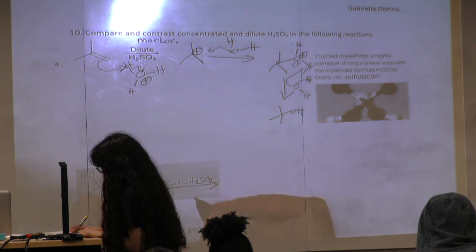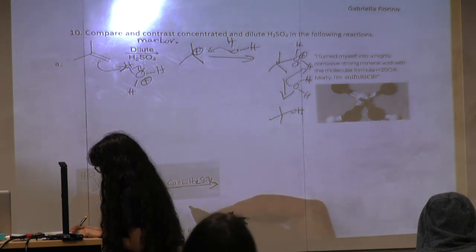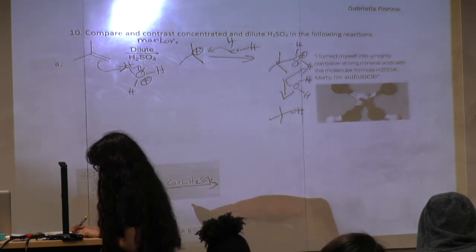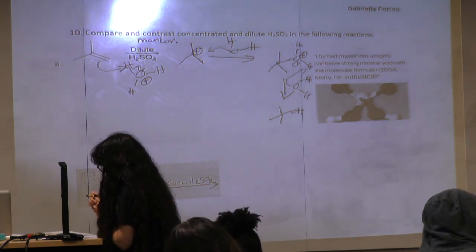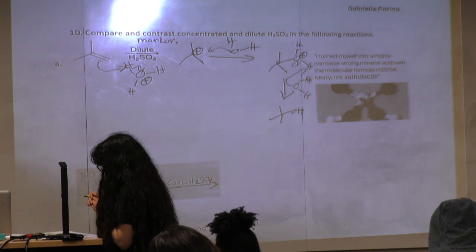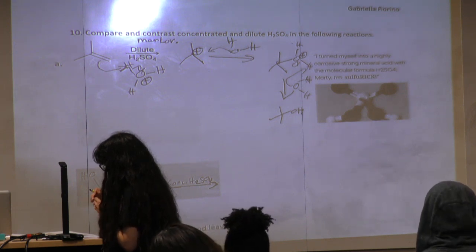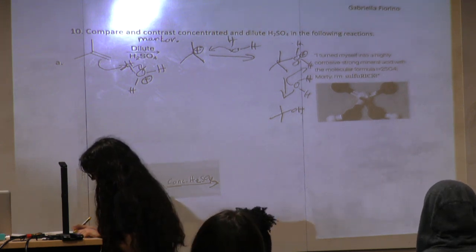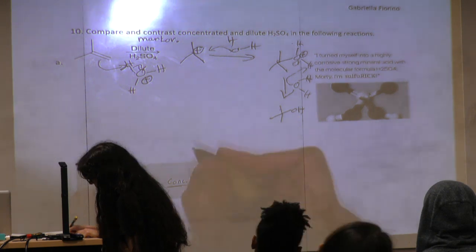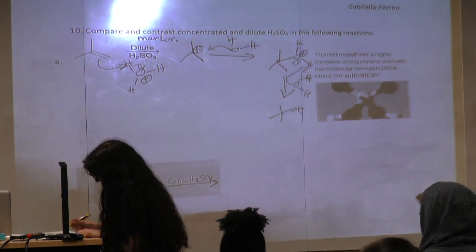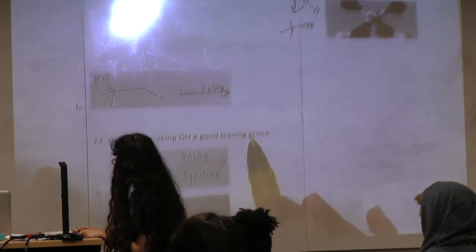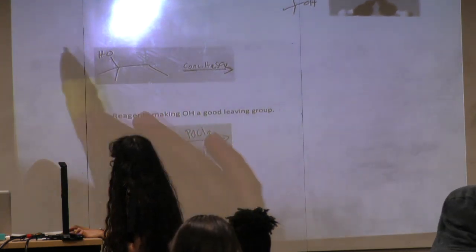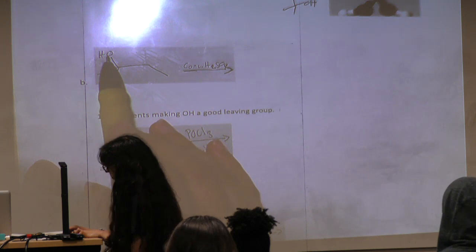So what this is going to do is, we're going to pick off a hydrogen because we're doing elimination. Something good to note here, I have OH as a good leaving group here too. This is going to do elimination because it's going to make OH a good leaving group.